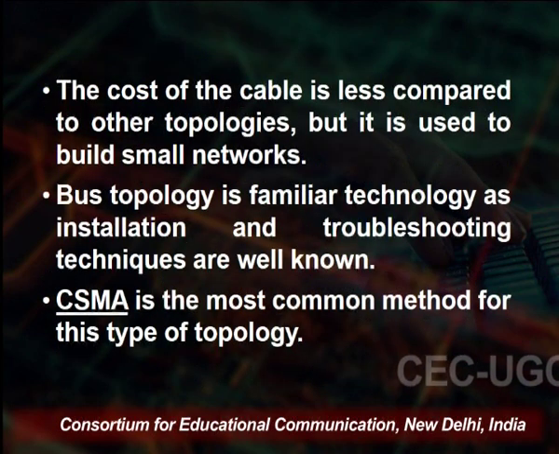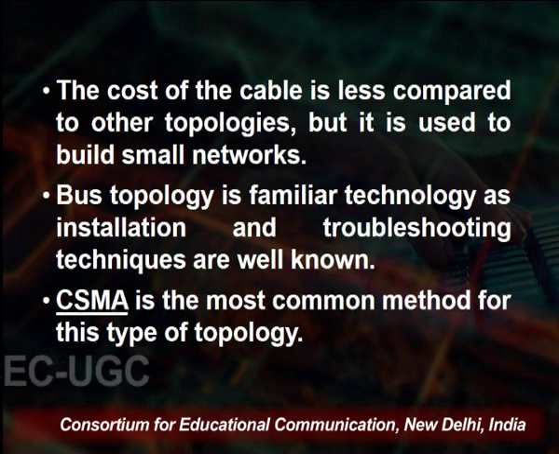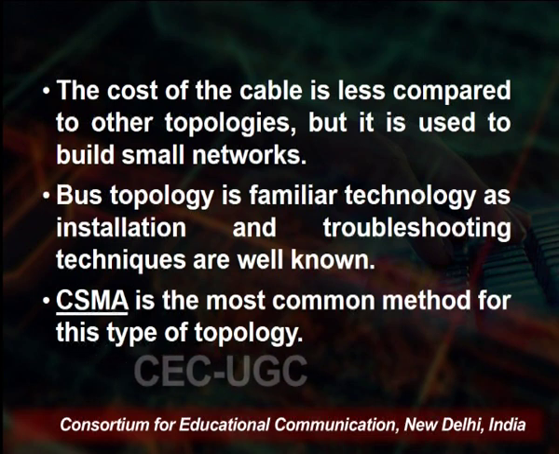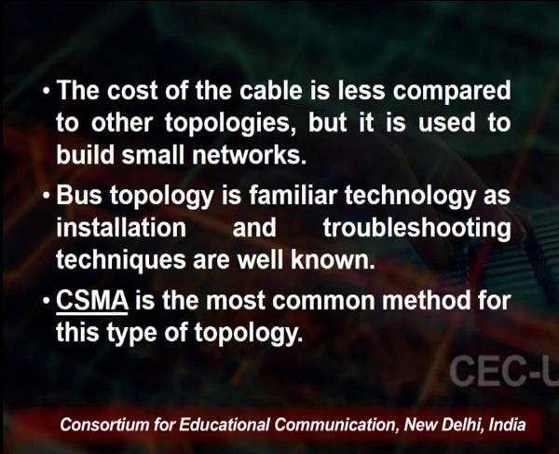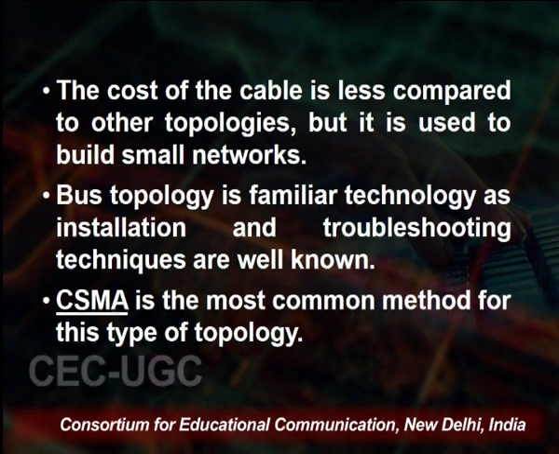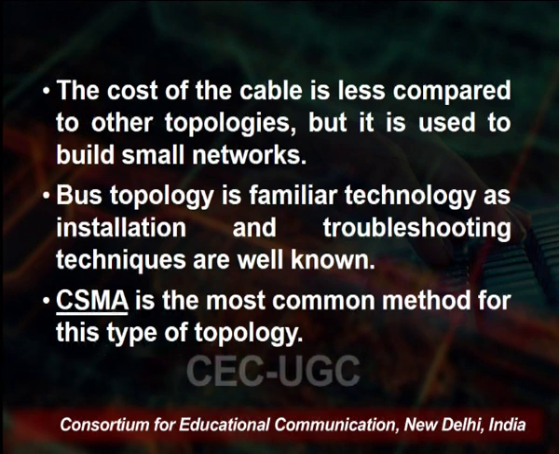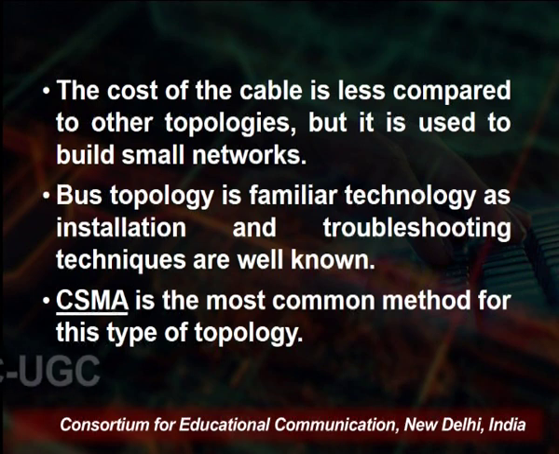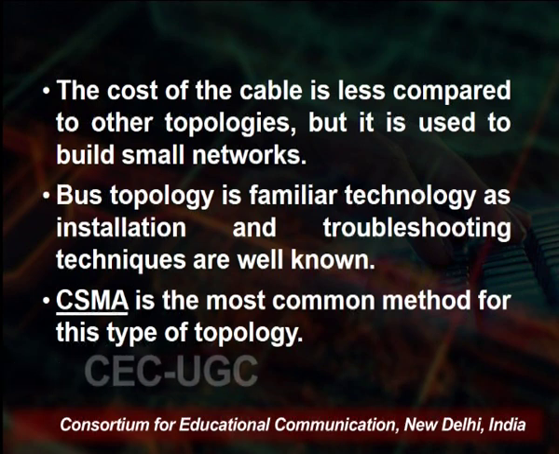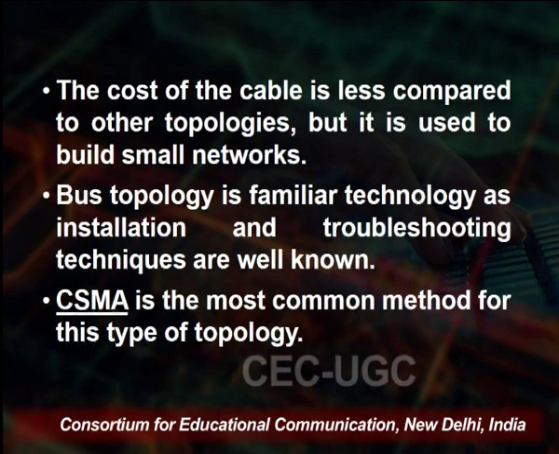Cost of cabling is less as compared to other topologies, but the constraint here is that this kind of topology is used in building small networks, because over a long backbone cable, signals may lose their strength, and then repeaters have to be employed.